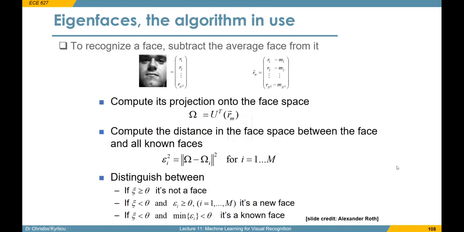Once we have this representation, we can apply some form of distance finding algorithm and check if it's close to a face. If it's within a limit, we can select the face to say that it's that particular face, or we can say it's a new face, or even that it's not a face at all.